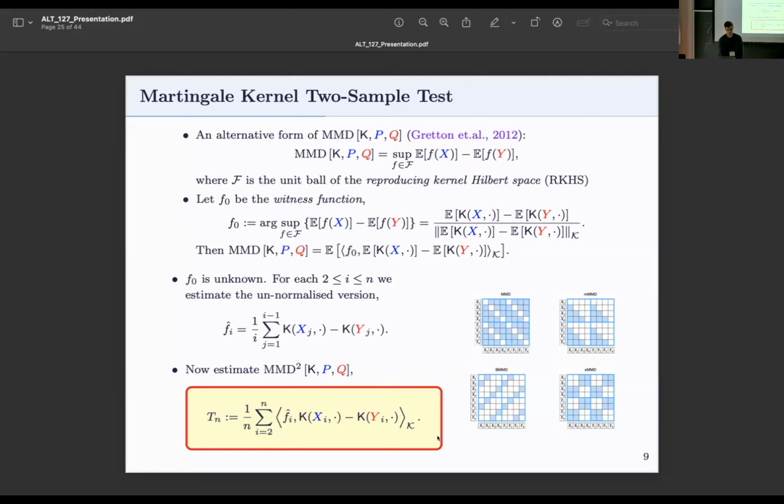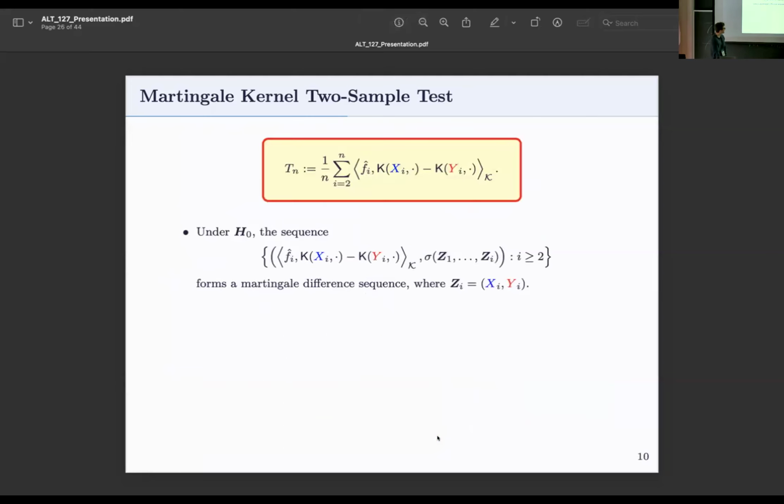And that is T_n. It's very easy to see that under the null hypothesis, the following sequence is a Martingale difference sequence, and that is because under the null, the expectation of the right-hand side of the inner product is 0. So we take T_n, defined as above, and normalize it by the empirical quadratic variation.